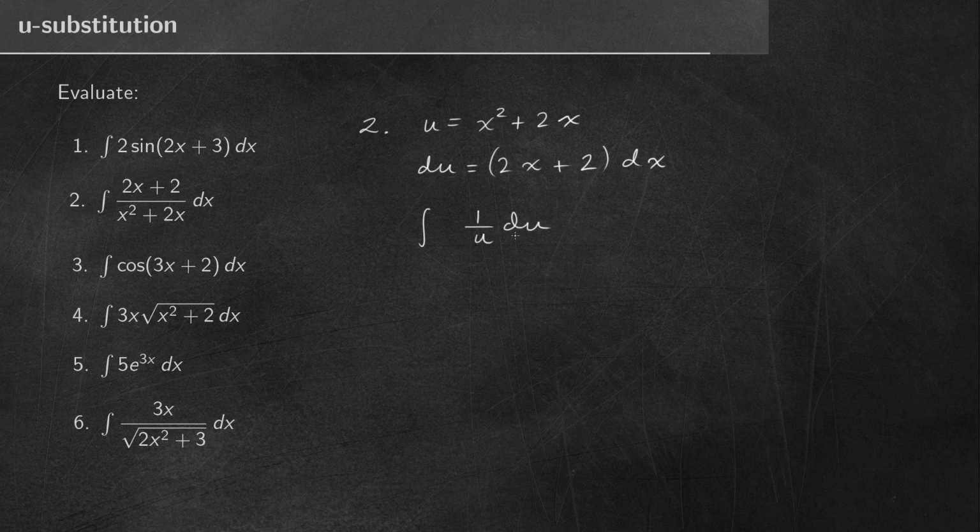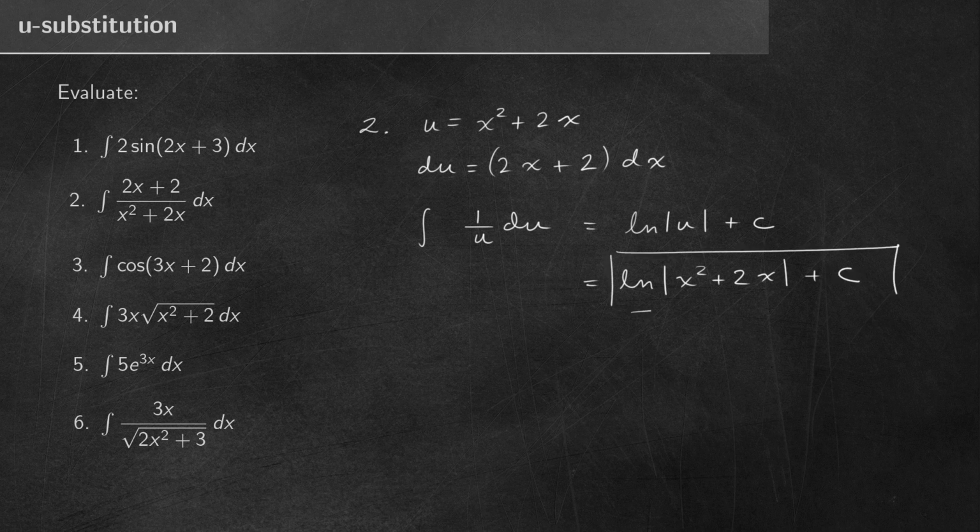And when we integrate 1 over u, we get natural log absolute value u plus c. So ln absolute value x squared plus 2x. We cannot drop the absolute value here because x squared plus 2x could be negative if we drop the absolute value, and we don't want to allow for that.